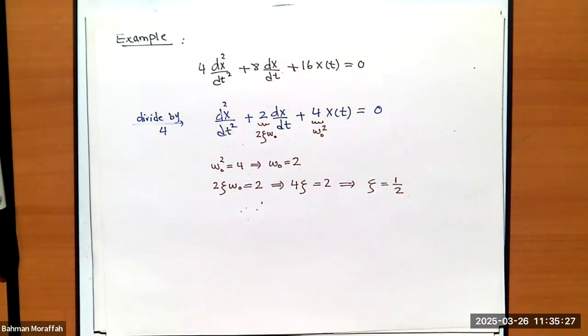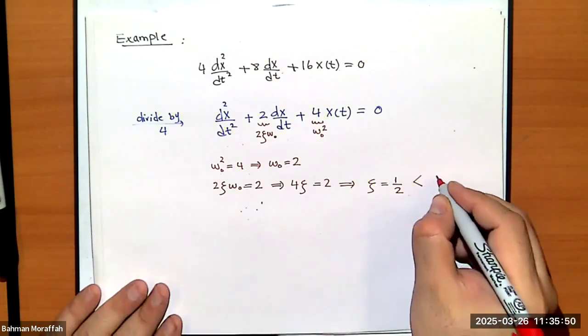What do I know immediately by looking at this c? Exactly. What I do know is that c is less than 1. Therefore, my solutions are sine and cosine, which means I have an underdamped solution, right?